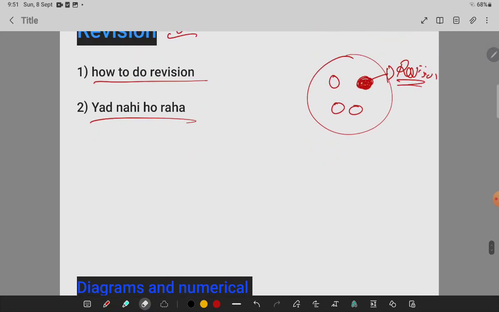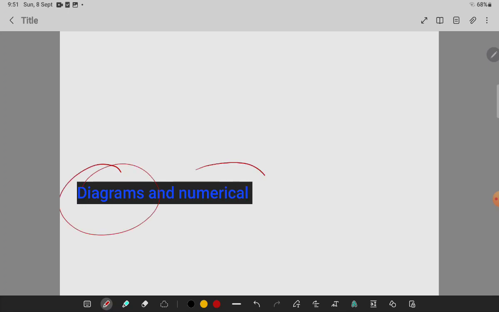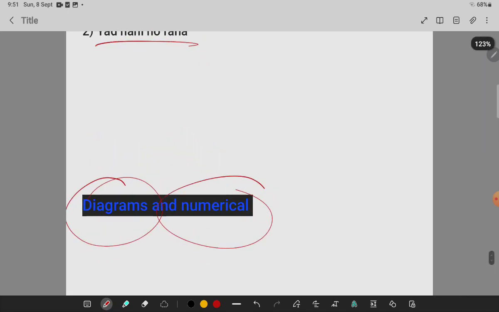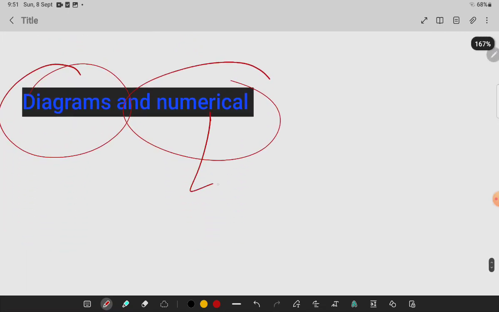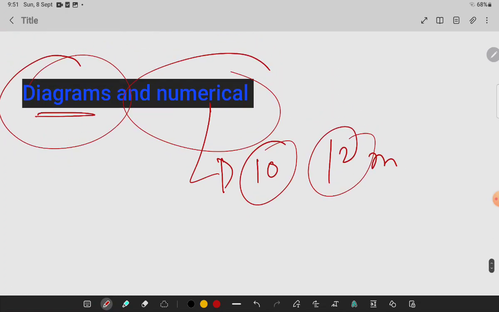Now the fourth tip is, for every student, for a topper and for a backbencher also, the most important: diagram and numerical. Diagram and numerical are the most important things. They are asked with a weightage of 10 to 12 marks. So practice the diagrams 4 to 5 times.